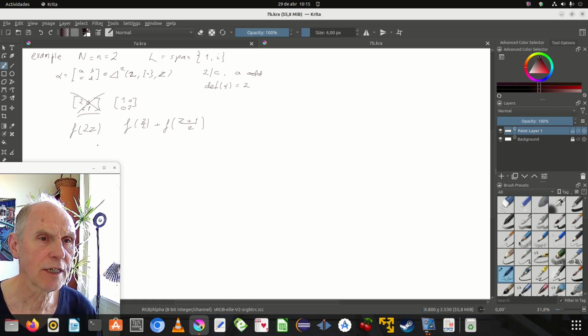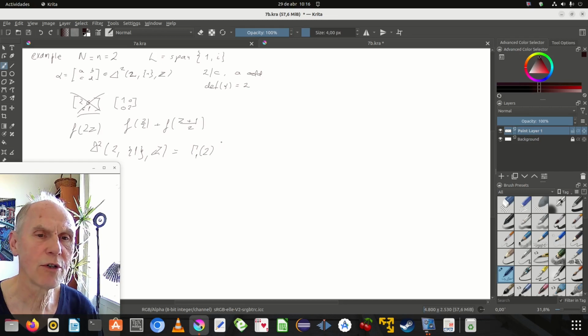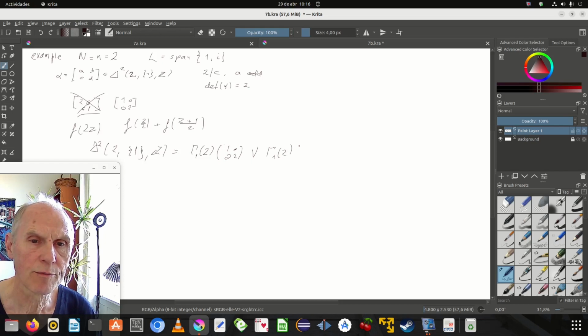So in this case, delta 2 of 2, what was that? Oh, that's unity. And Z is the disjoint junction of 1, 2, and 1, 2.